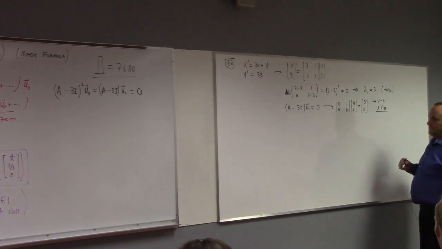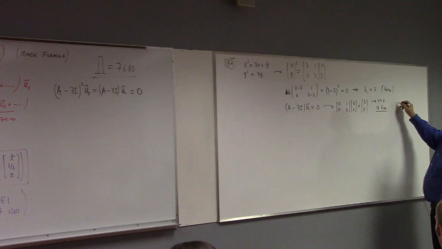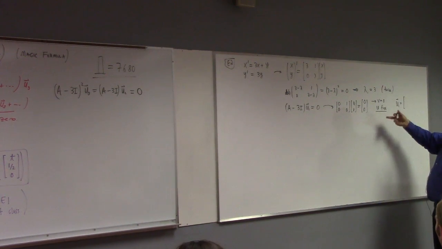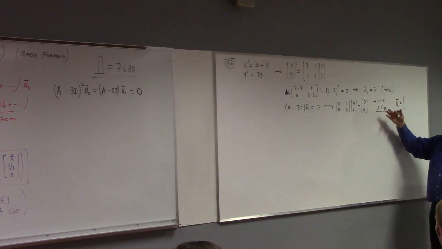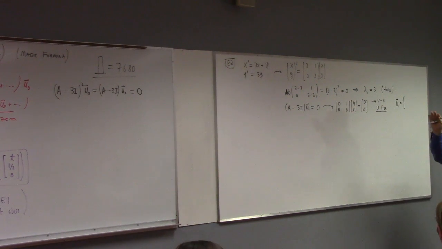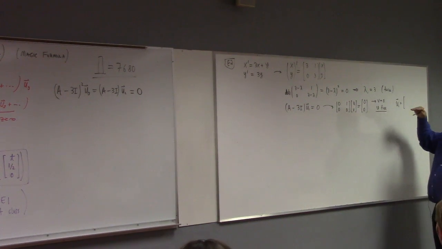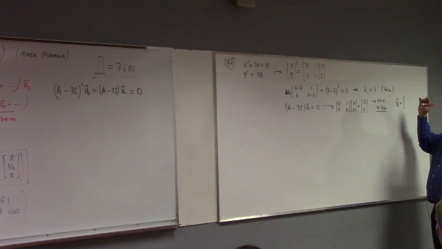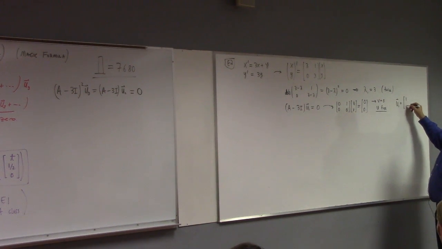So we might as well make u equal to 1. The one thing I can't do is choose 0, 0, because 0 is not an eigenvector. It's the only one you can't have. So (1, 0), I like that. That's a good choice.